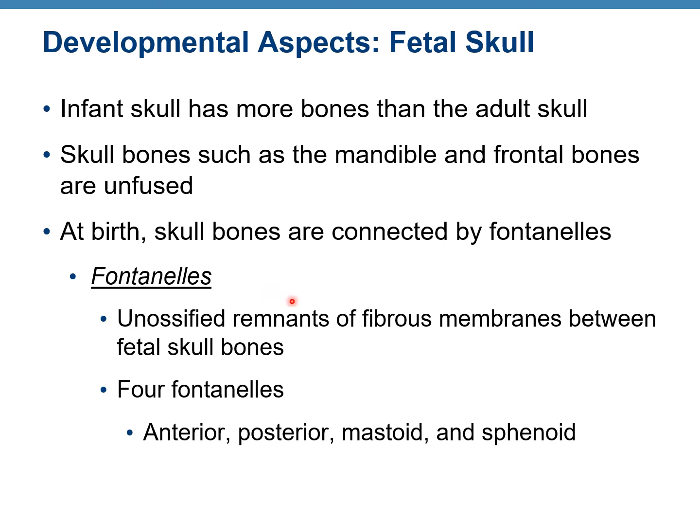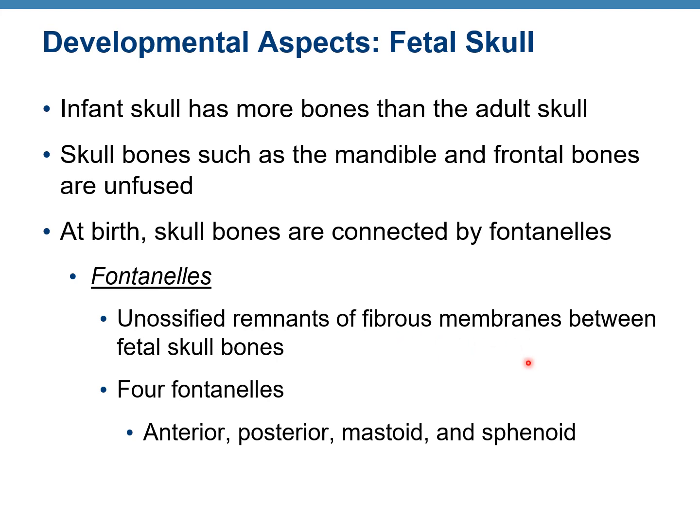So if you guys remember, when we talk about ossification during embryonic development, we mentioned two types of ossification. One of them is intramembranous ossification, and bones of the skull are formed by intramembranous ossification. That means that we start with the fibrous membrane, right?